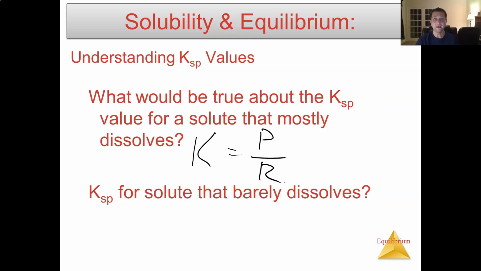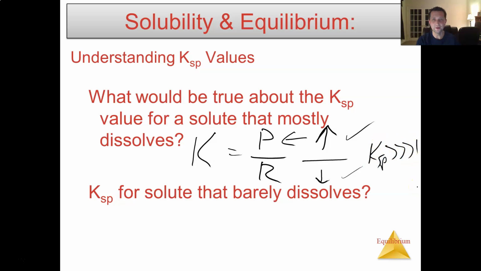If something mostly dissolves, the product is going to be humongous, so your numerator is going to be humongous. And what's the denominator going to be? If it mostly dissolves, your reactant is going to be super tiny. So if you have a huge value in your numerator and a really small value in your denominator, the Ksp value is going to be humongous.